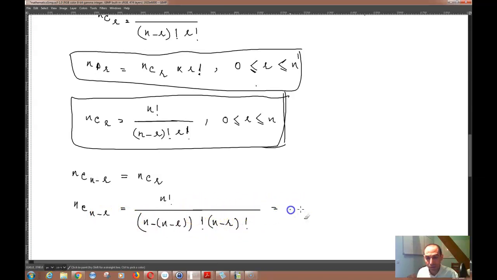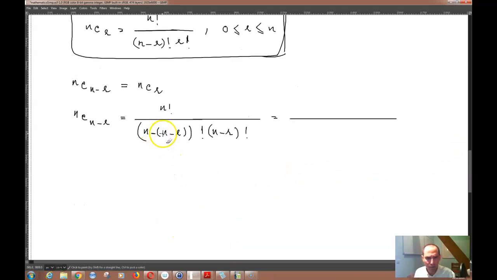You know that n minus r factorial is the same thing as n minus n plus r factorial, and you can cancel these two out, and you'll be left with r factorial.